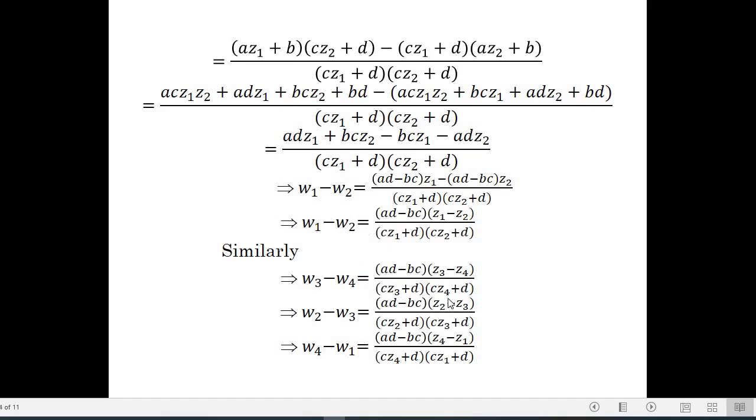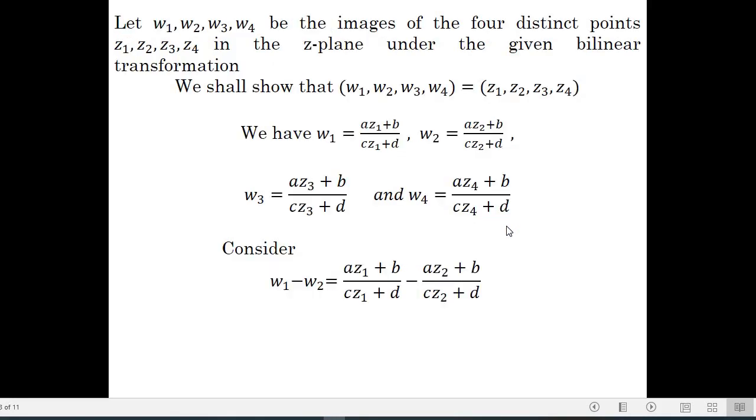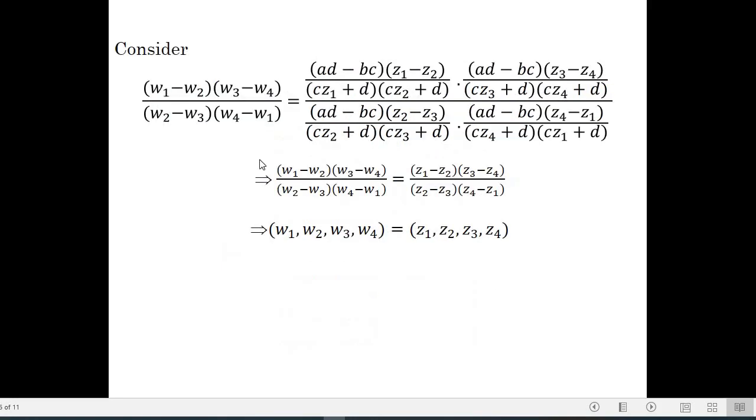Observe this definition. In this definition, if you take W in place of Z, what do we get? W1 minus W2 into W3 minus W4 divided by W2 minus W3 into W4 minus W1. We have found those factors here, and then I will substitute in this. So here we find the factors. Now we substitute that.